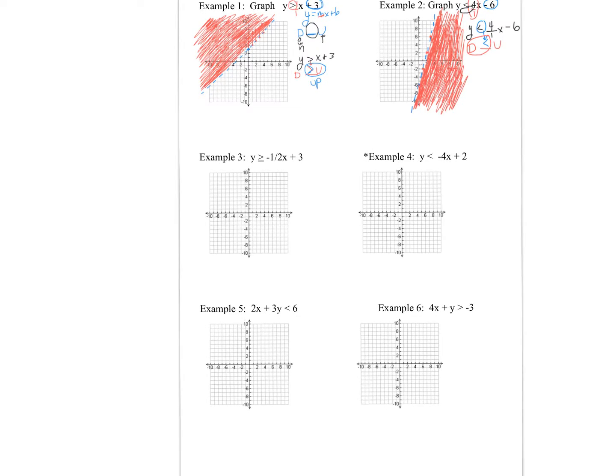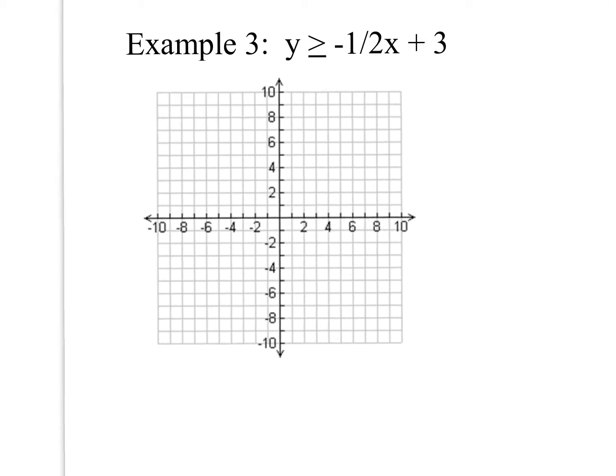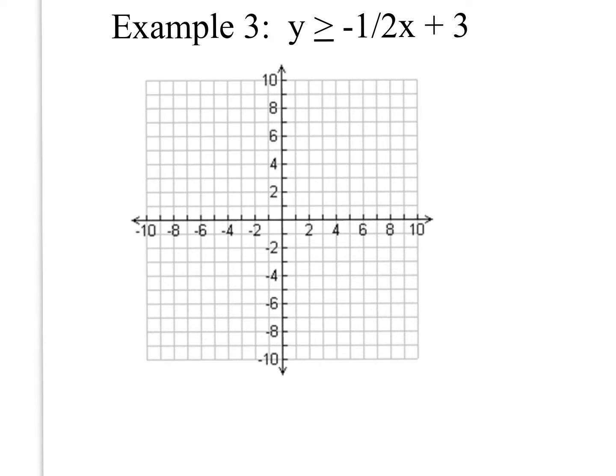All right, this next one is a little bit trickier, but again, nothing too terrible. First thing I look for is whether my inequality is in Y-intercept form. And the answer is yes, so I'm all set to go. Let me clear all this out.